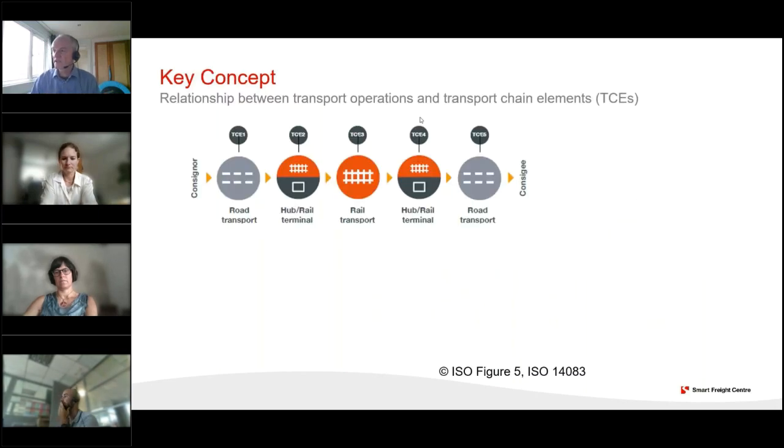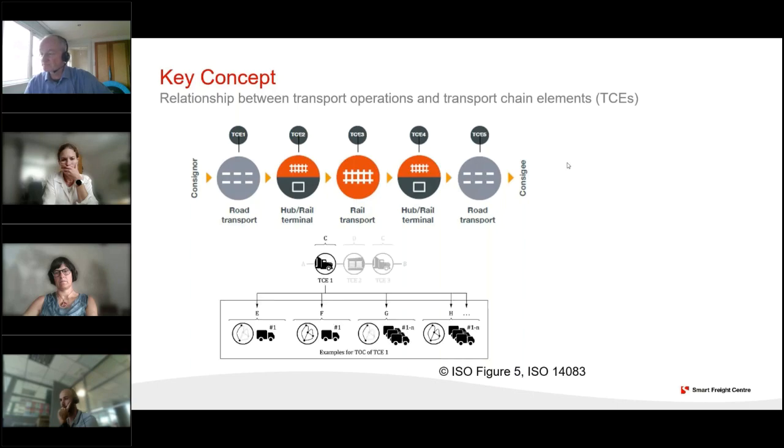And what's a key concept that I think it's important to take a minute or two on is the relationship between the transport chain and then the calculation that's performed at each of those elements, and the operations that occur by the vehicle or the vessels, or indeed the equipment at the hubs that go into that.